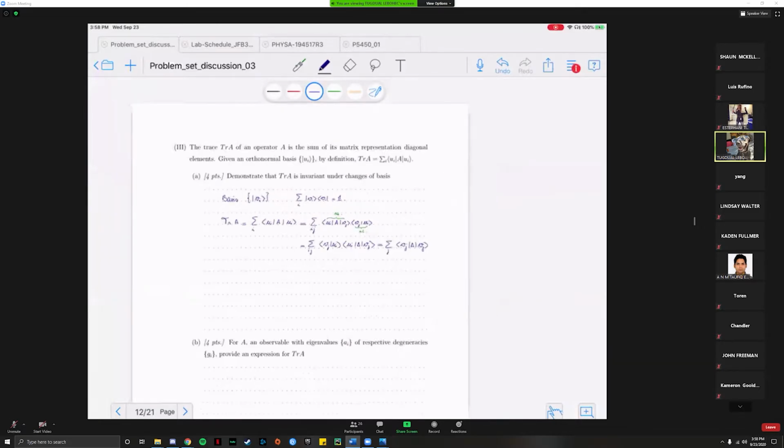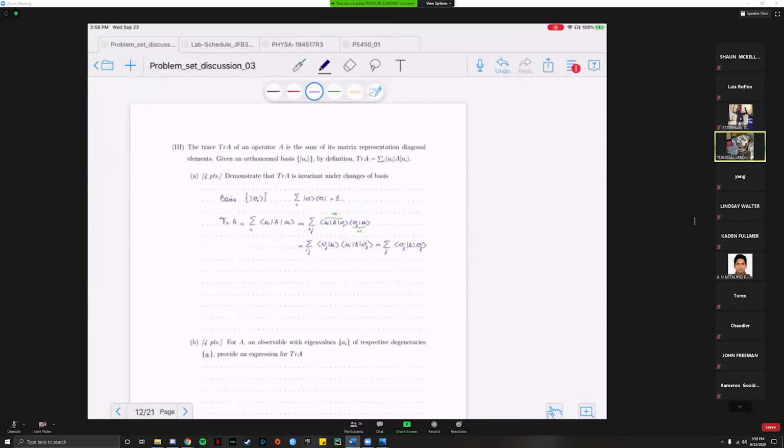And so we see that we started from the trace of A being expressed in terms of the matrix elements of A in the UI basis, and we end up with the same expression being equal in the V basis. So the trace does not depend on the basis you're choosing, and so indeed it's a property of the operator and not a property of the basis.